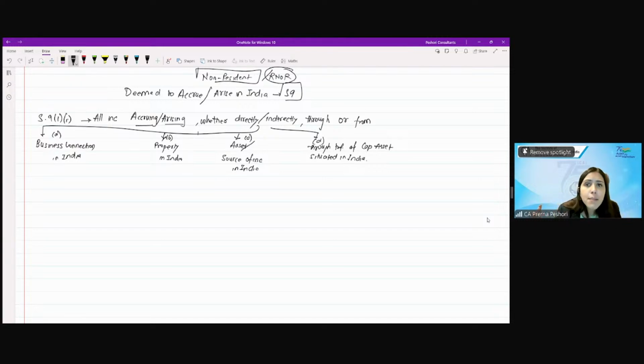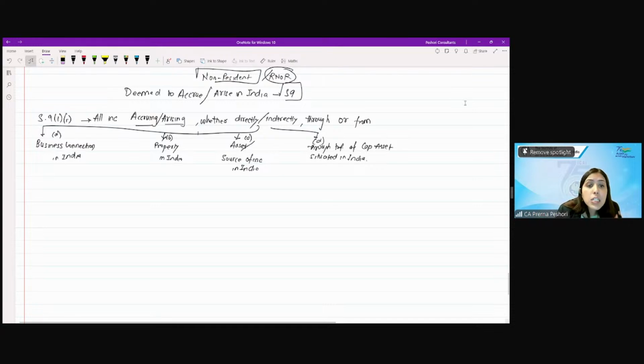So, what do we understand by the term property? Property again, if you remember, this term was also used under Section 2(14) of the Income Tax Act. What was 2(14)? Ma'am, capital asset. So what was capital asset?